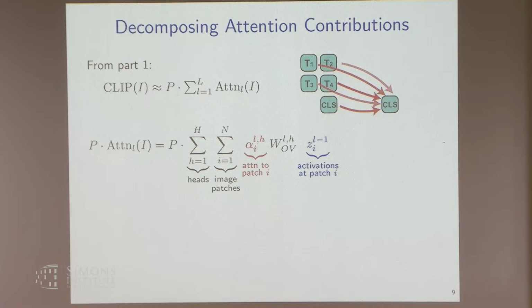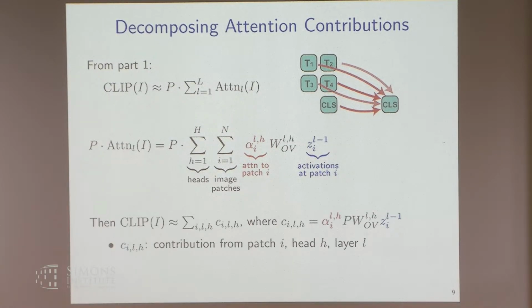These are weights that add up to 1, times some low-rank linear transformation times the activations we had at this patch. Now, the way this attention is computed is itself via a dot product followed by a softmax operation. That isn't going to actually matter for this talk, but sometimes you would want to open this up further as well and talk about the inputs into this.